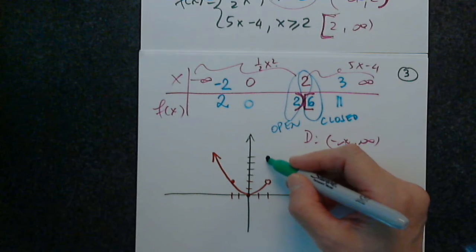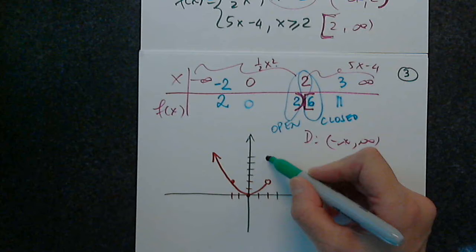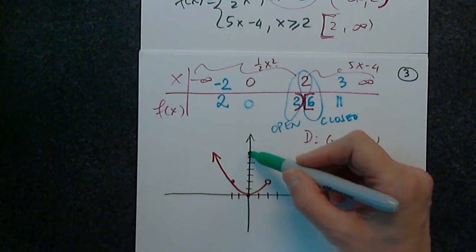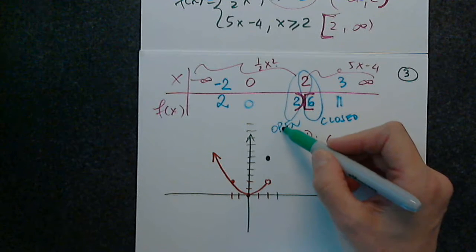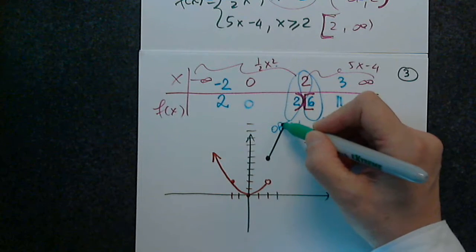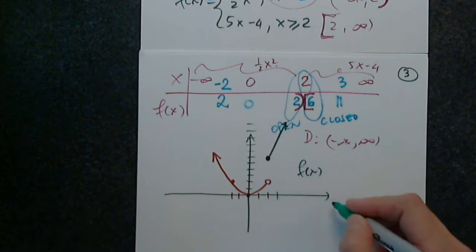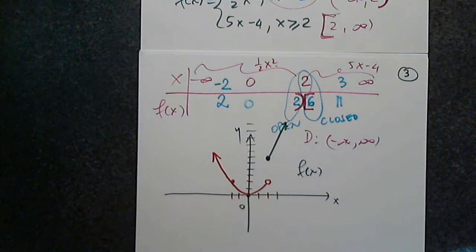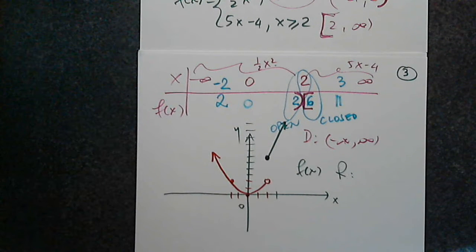And this is a full point. And then 3, 11. 6, 7, 8, 9, 10, 11. So here's the graph, and this is the graph of f of x. If we're asked to find the range, what will you say?